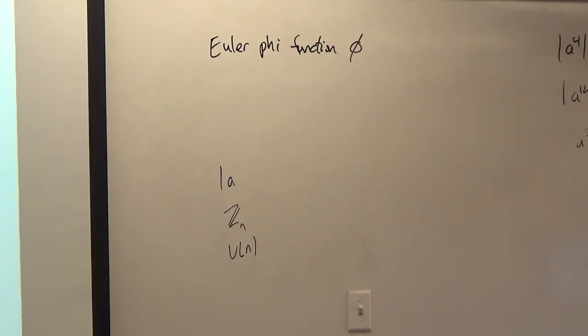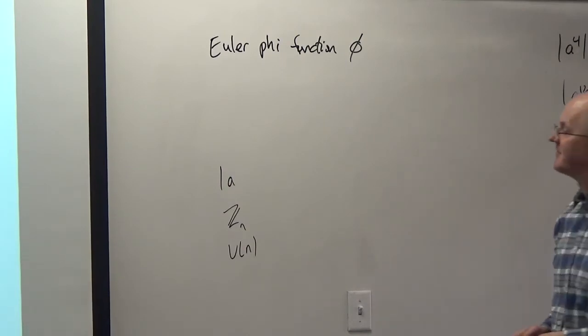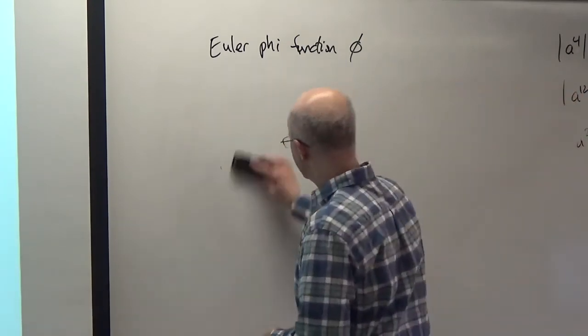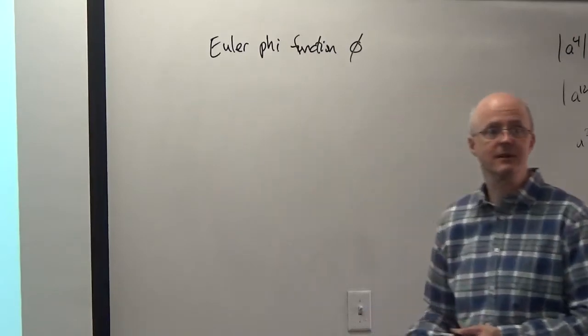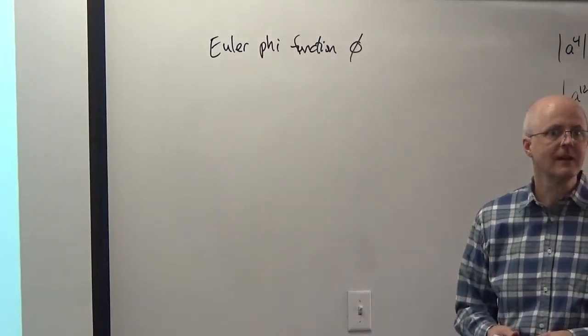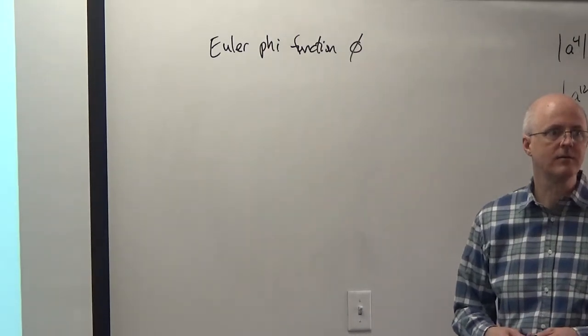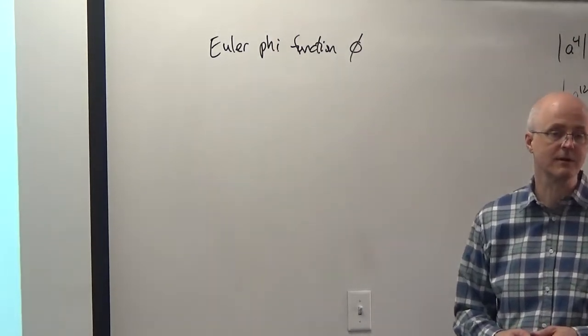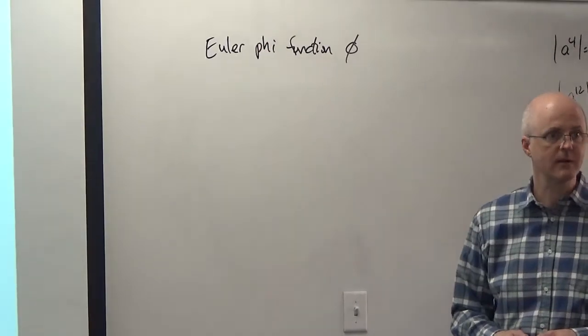I will always say phi. This function takes a positive integer as input, bigger than 1, and tells you the number of positive integers less than the input that are relatively prime to the input.